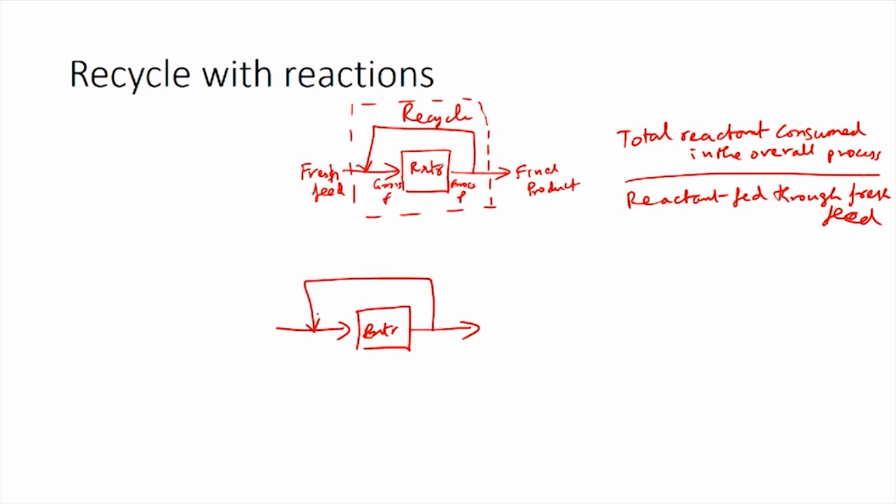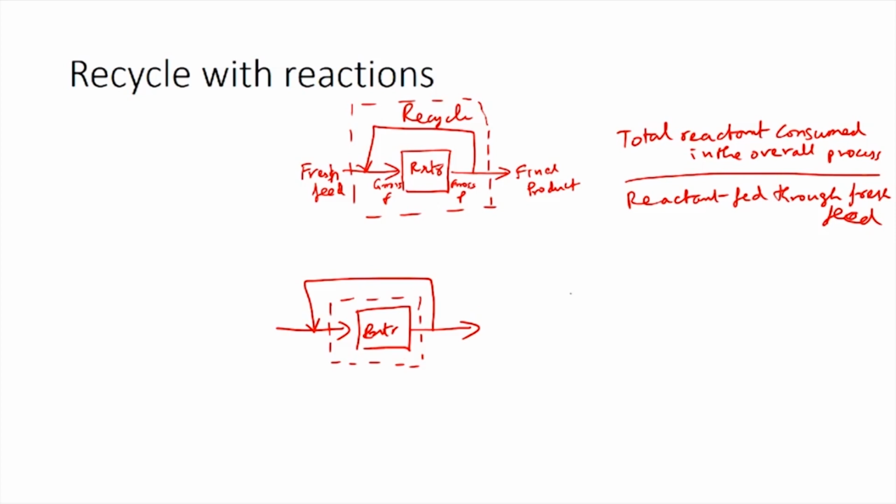For the single pass or once through conversion, we are accounting for reactants which are passing through the reactor only once, which means the system chosen for studying would be the reactor alone. So, here what you have is the reactants entering through the gross feed pass through the reactor only once and leave as the gross product.